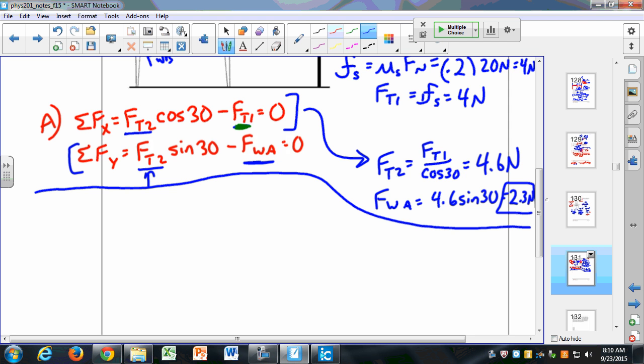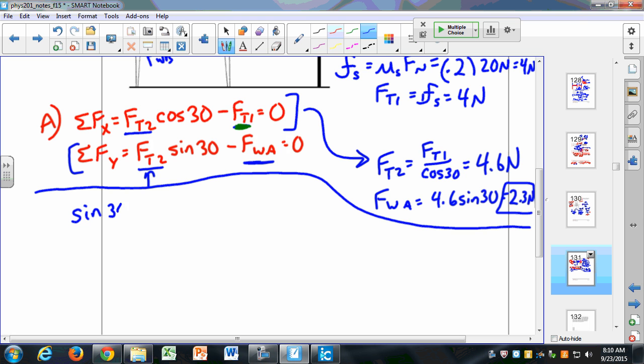All right, so I want to solve this by Gaussian elimination. And again, this is only for extra credit. I'll probably give you 5 points extra credit if you can solve it this way on the test. So if you have time on the test, that is that you've done everything else well, then you can come back and solve the system like this. First, you want to set up your equations like this.